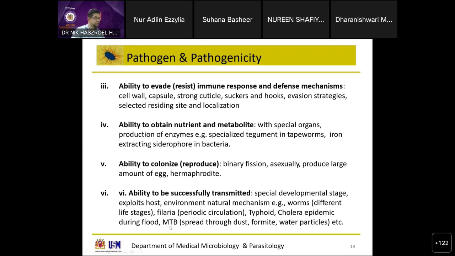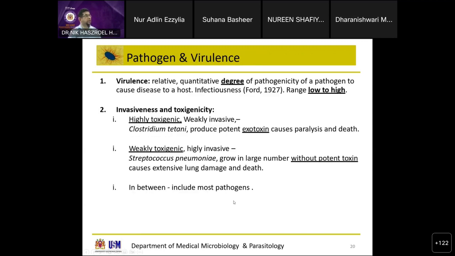And then there are also organisms like TB, which spread through dust, fomites, and water particles. This helps them with their transmission. Again, virulence is a relative quantitative degree of pathogenicity of a pathogen to cause disease to a host.